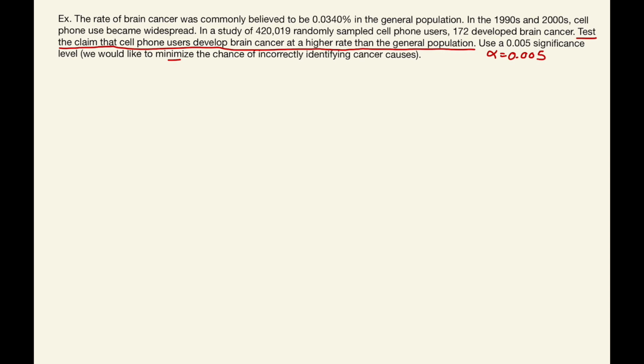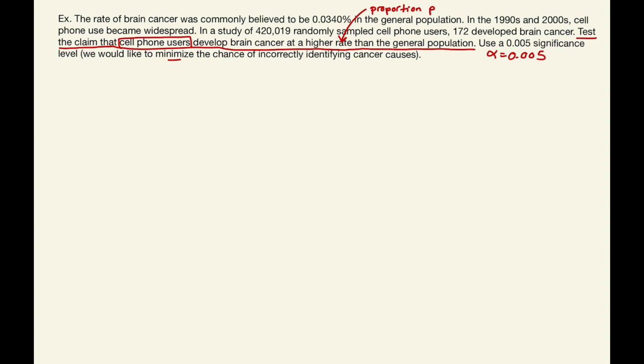So this is the population I'm studying in this example, the population of cell phone users. And we're looking at the proportion. So that's what we mean here by rate. We're looking at the proportion that develop brain cancer.